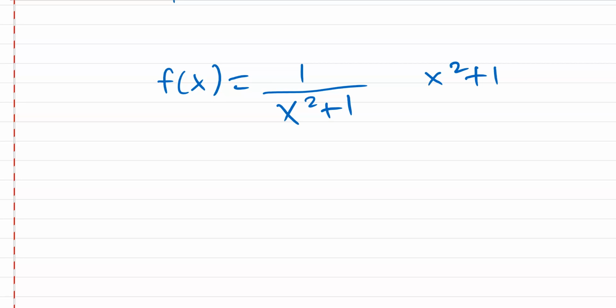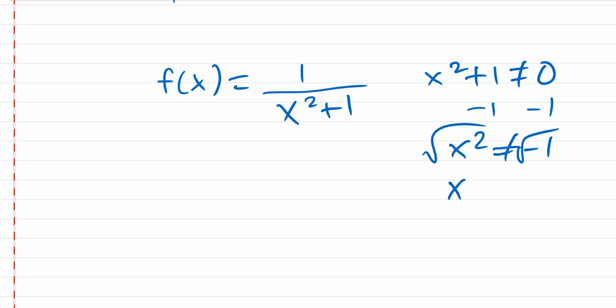The last one is going to be if we have 1 over x squared plus 1. So we take our denominator and say it cannot be 0. Subtracting 1, x squared cannot be negative 1.